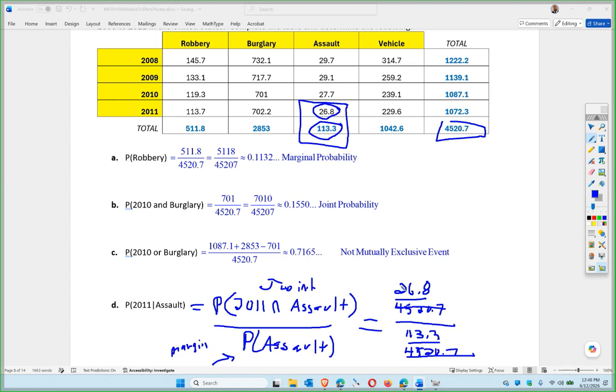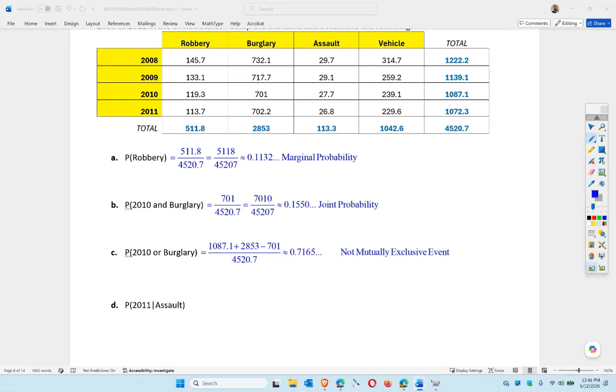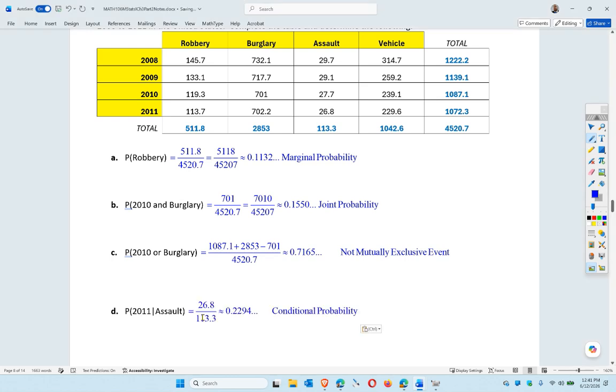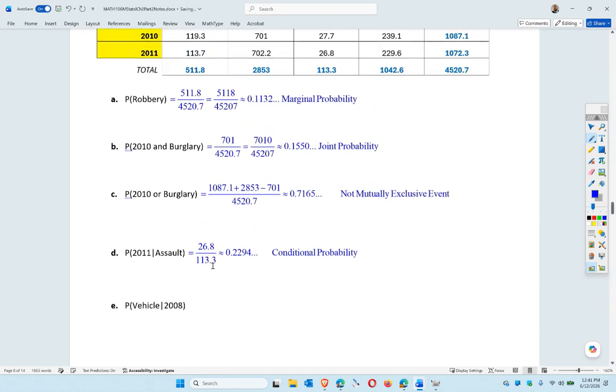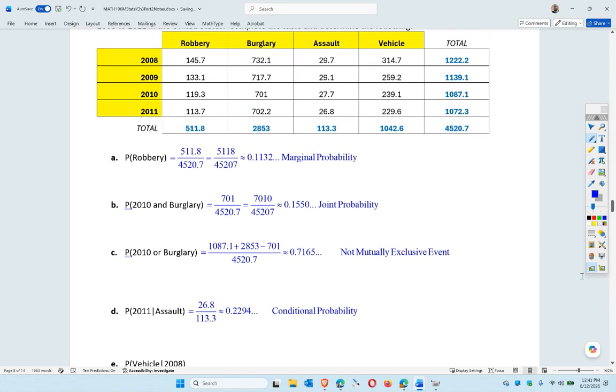Okay, so you get the 26.8 over 113.3, correct? So that's a conditional probability, right? All right. And then we have the other way around, which is the vehicles and 2008, correct?